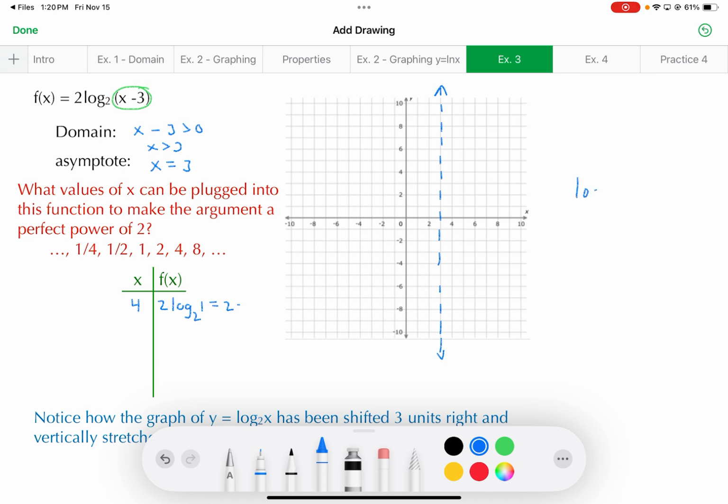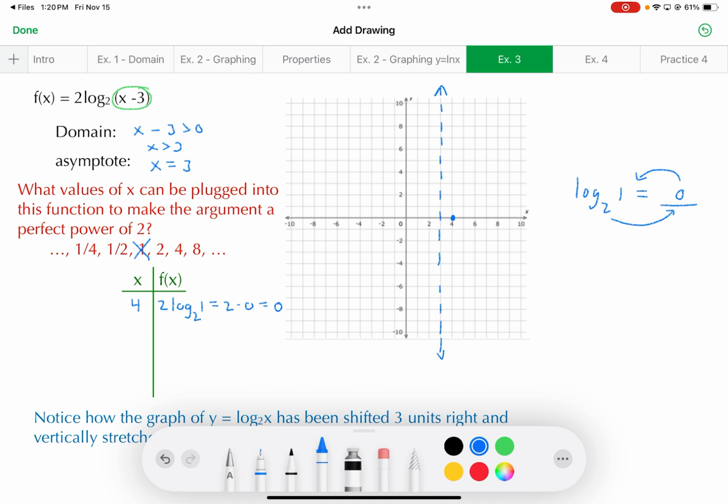Log base 2 of 1 means 2 to what power is 1? 0. So I can substitute that in and make this 2 times 0, or 0. Ultimately, that gives me a point at (4, 0). So I used that perfect power of 2.